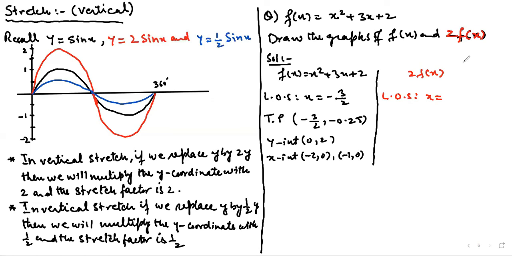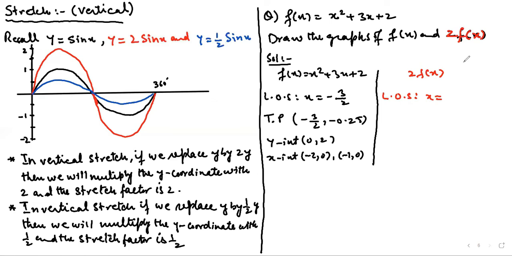The change of x is reverse. This is a change in y, you are multiplying y by 2. In this case, f of x is multiplied by 2, not x is multiplied by 2. The change of y is as it is, while the change of x is reverse.